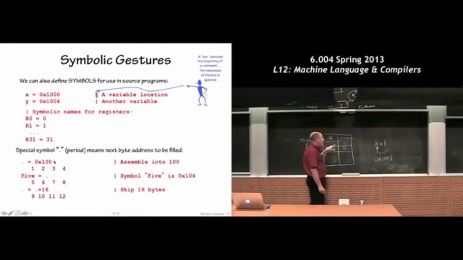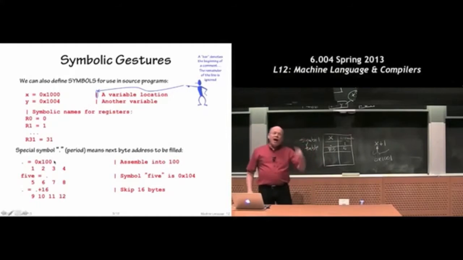So it says, okay, what's dot? Oh, 0. So this next byte I've assembled goes in location 0. And after it does that, it increases dot by 1, and says, okay, the next byte I fill will be at address 1. So dot is just sort of this little finger the assembler is using to keep track of where it's putting stuff in memory.